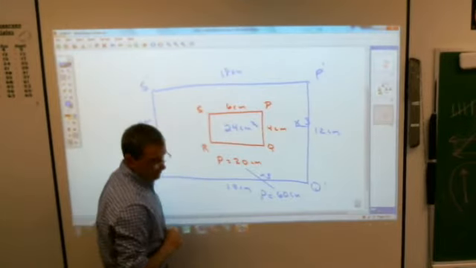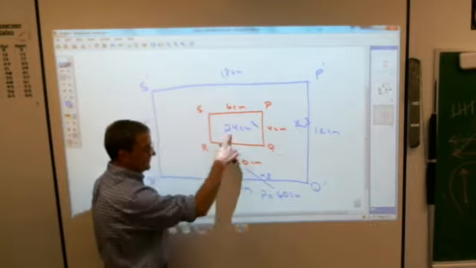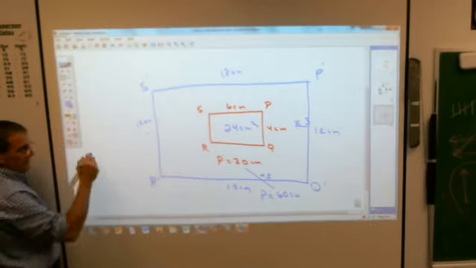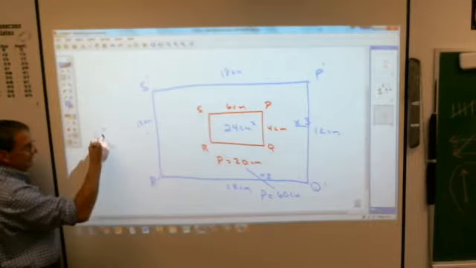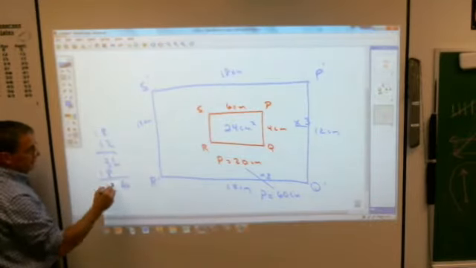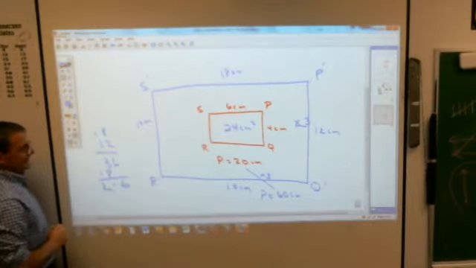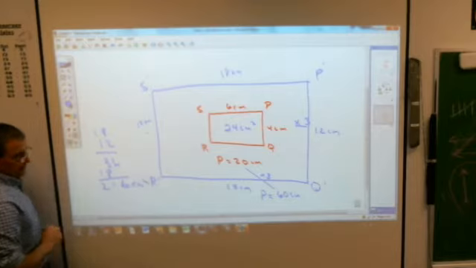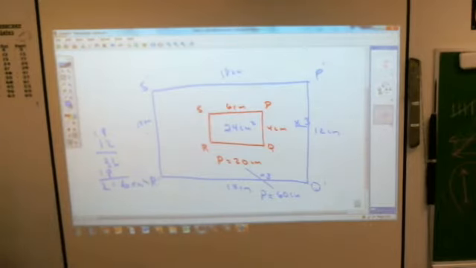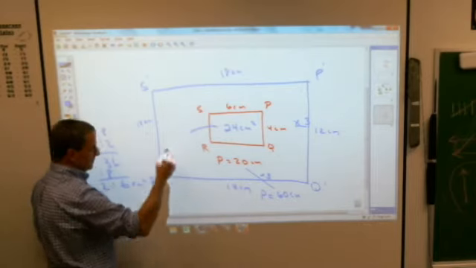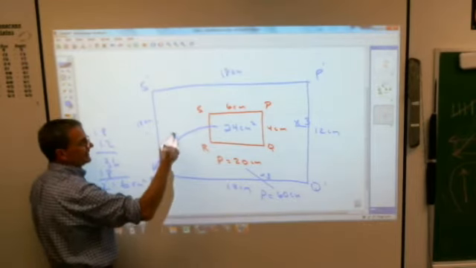But I will tell you that will not be the case. 3 times that is 72. The big one is actually 12 times 18, which is 216 centimeters squared. How many times bigger is the new one than the old one? I won't ask you to figure that out, but it is actually 9 times bigger.